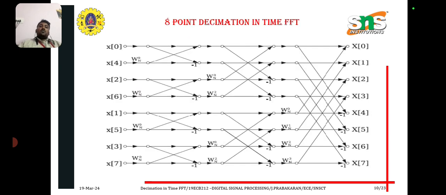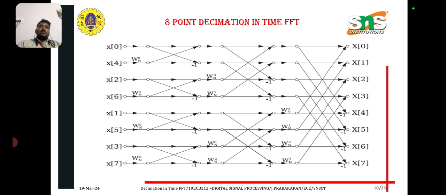This is the flow graph for 8 point DIT. First the 2 point, and the input of the 2 point is the bit reversal input: x of 0, x of 4, x of 2, x of 6, x of 1, x of 5, x of 3, x of 7. The output of the 2 point is forwarded to the input of the 4 point sequence, the second stage.